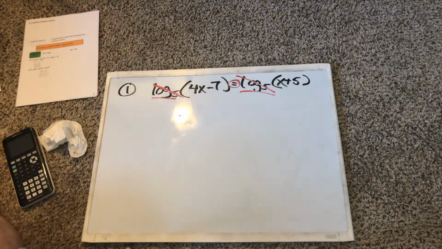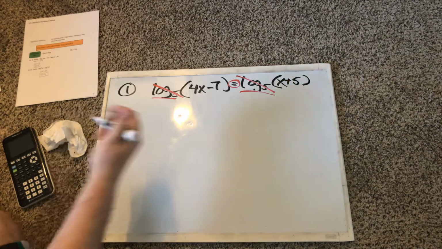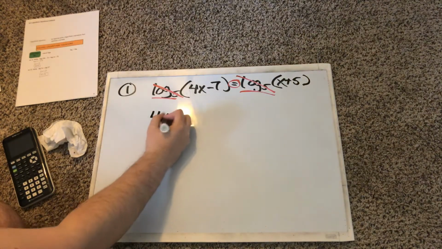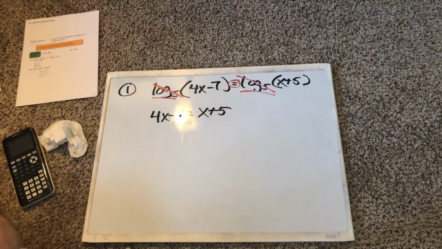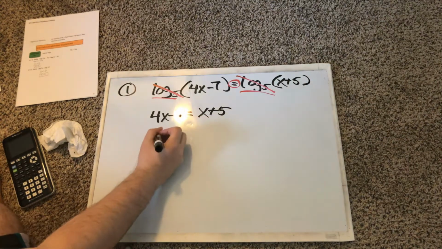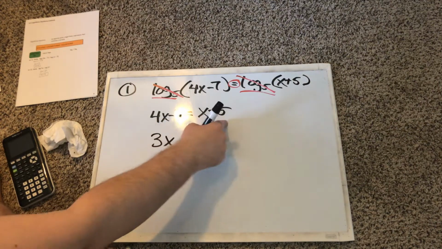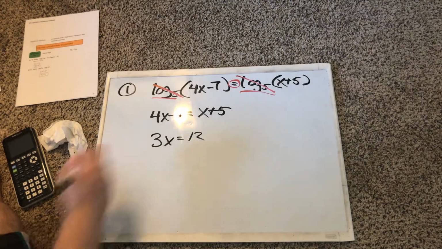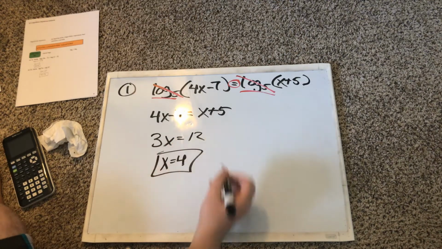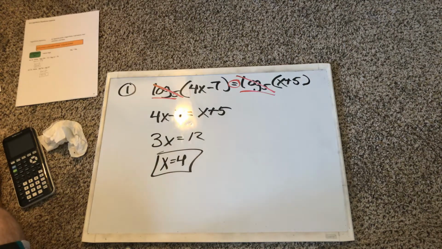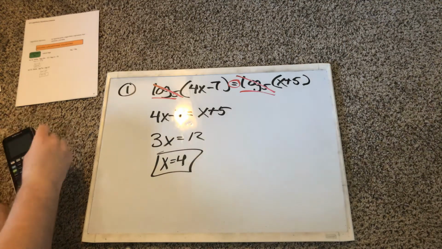And I can cancel those and drop the logs. And now I have 4x minus 7 equals x plus 5. Well, this is actually an easy problem that we can solve. If I move the x over, I get 3x. If I move the 7 over, I get 12. So x is equal to 4. Not too bad. Not too shabby at all.